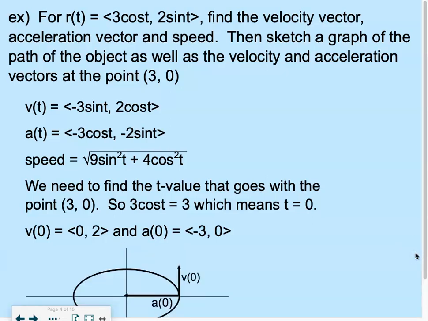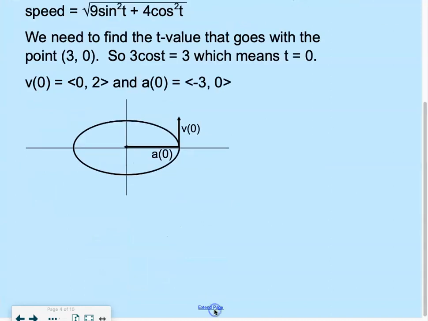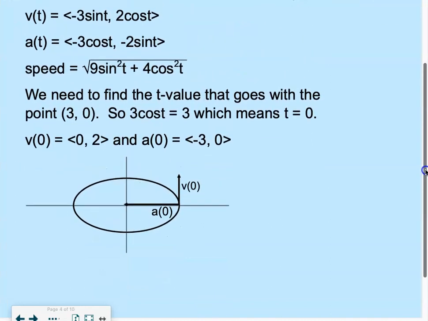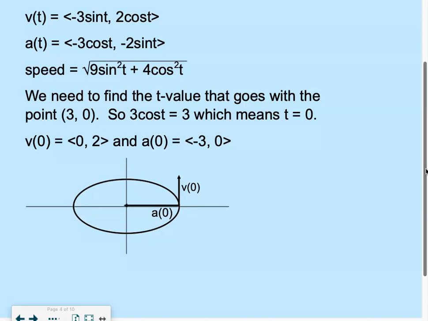So here's our graph. You get the oval or the ellipse or the squishy circle, right? By the way, it's smushier this way because the x value had a 3 and the y value had a 2 coefficient, so it's a little bit bigger horizontally than vertically.